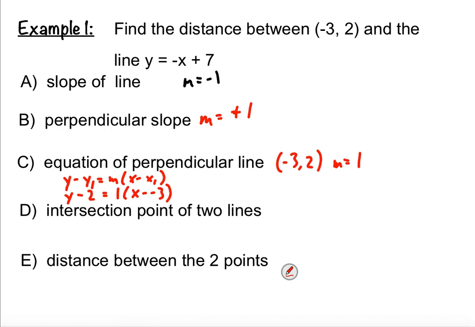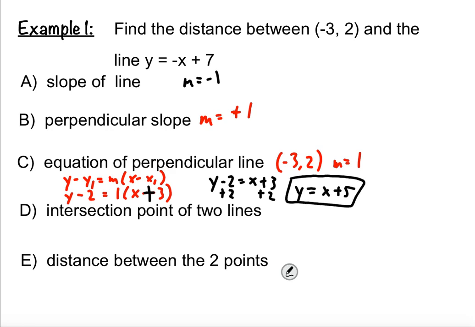We've got a minus minus there, so we're going to put a plus. If we distribute the 1 through on the right-hand side, we just get x plus 3. And then we can bring that -2 over by adding 2 to both sides. So our equation of the perpendicular line is y equals x plus 5.